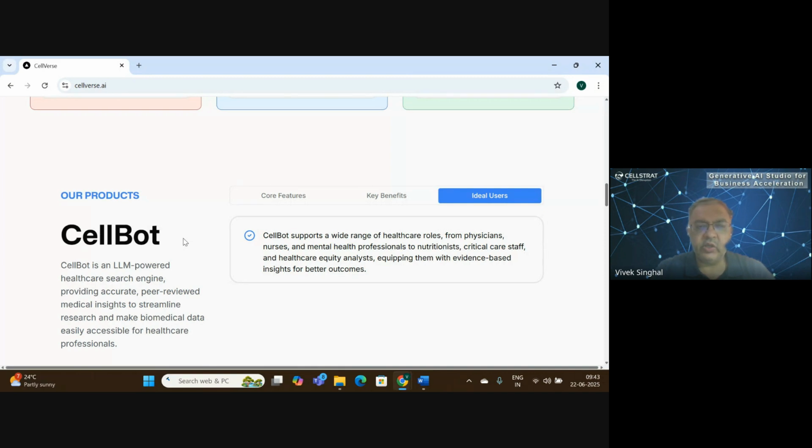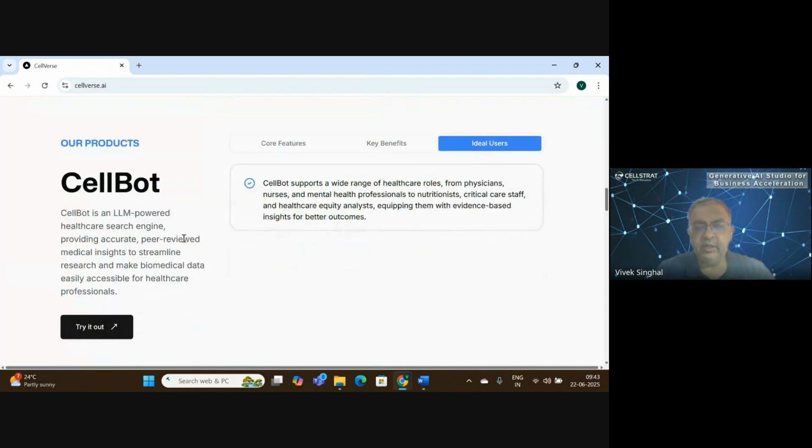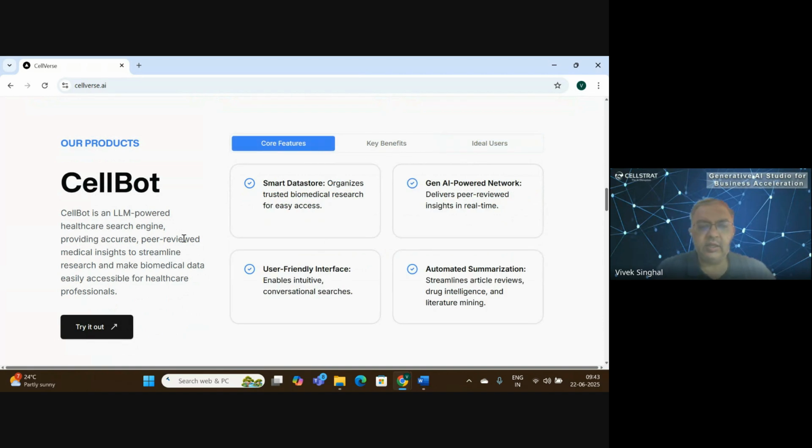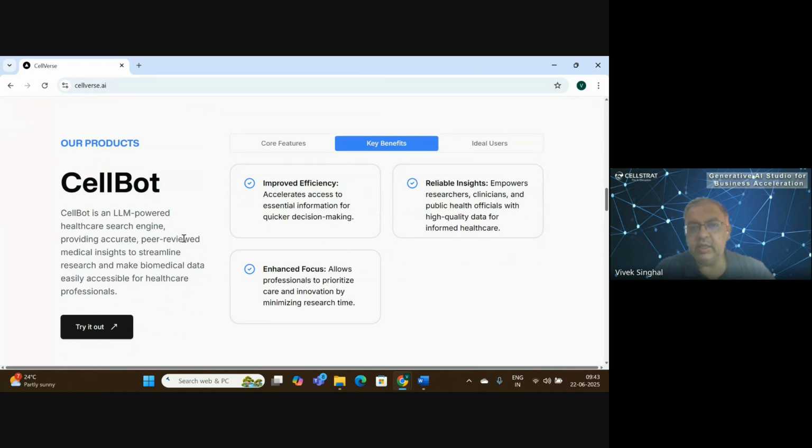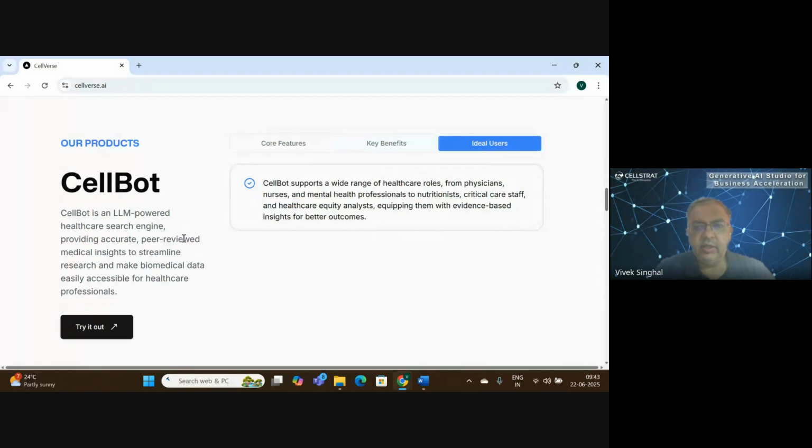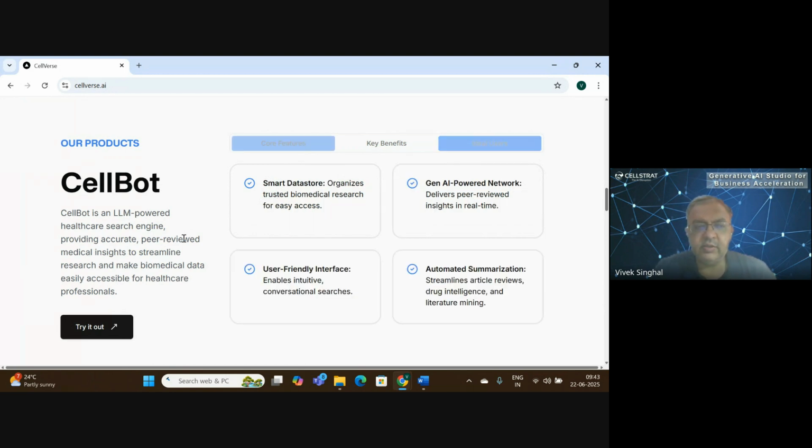It is a pressing human need, and that is why we decided to tackle it. We said if AI cannot help in a critical domain like healthcare, then what's the point of AI? This is an urgent human need, and this is the chosen domain where we are developing products.